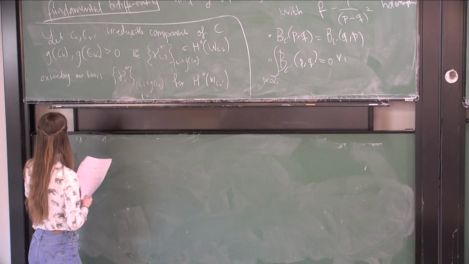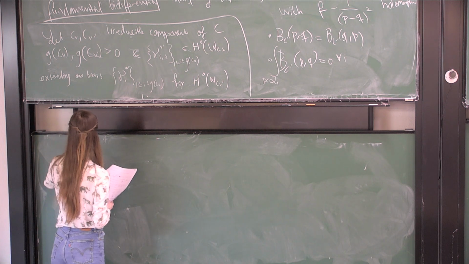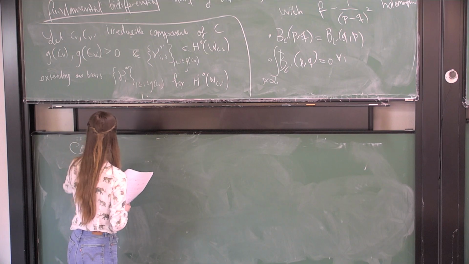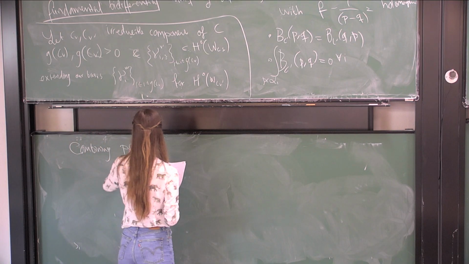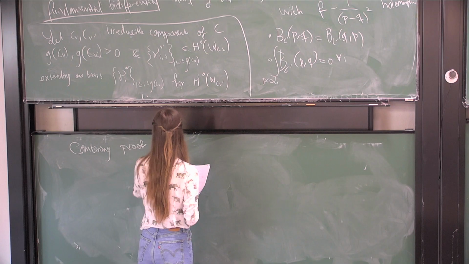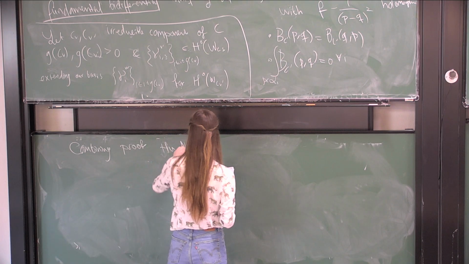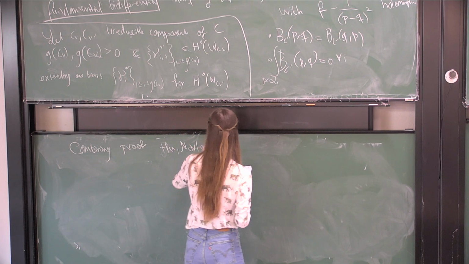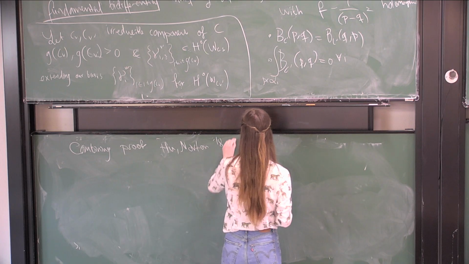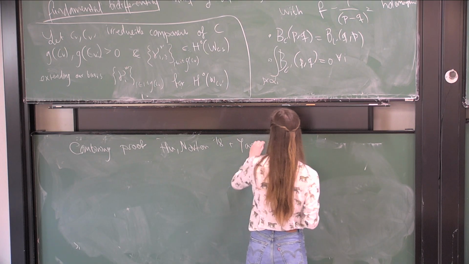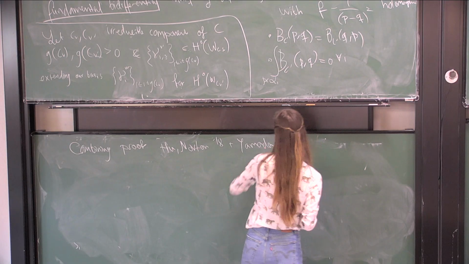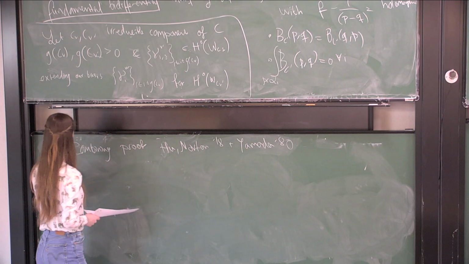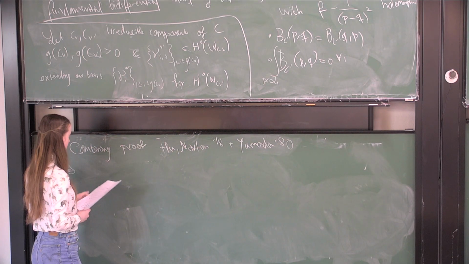Okay, so then if you combine the proofs in Hu and Norton, in this paper by Hu and Norton, and in an earlier paper by Yamada, you can obtain a Taylor expansion for each period matrix entry.